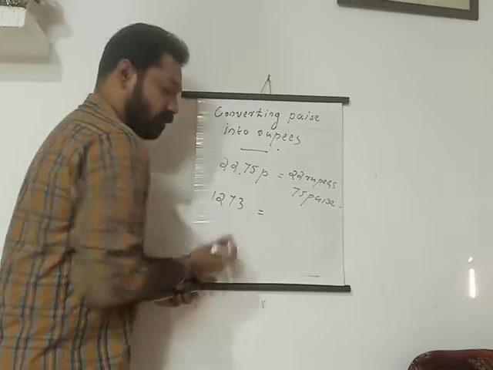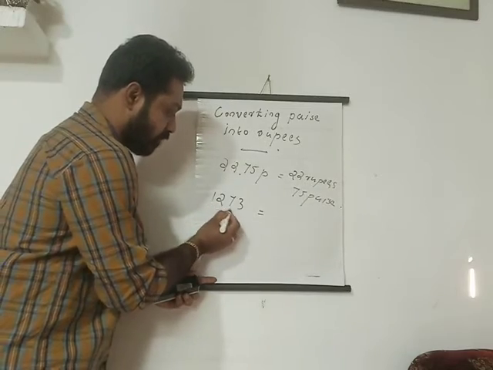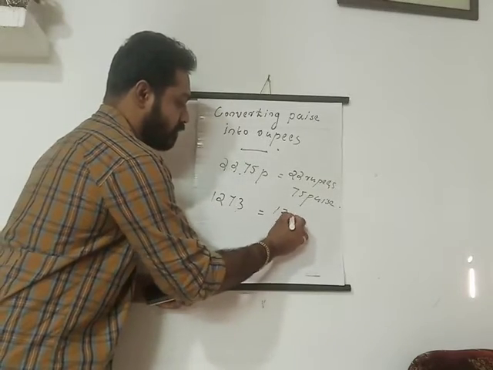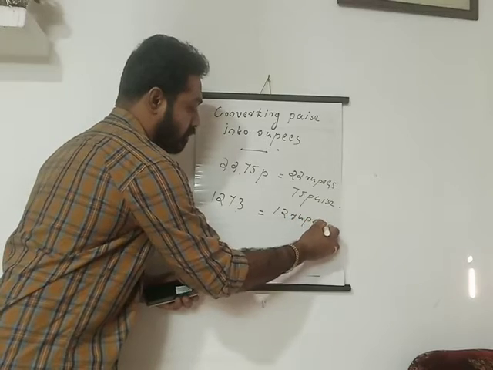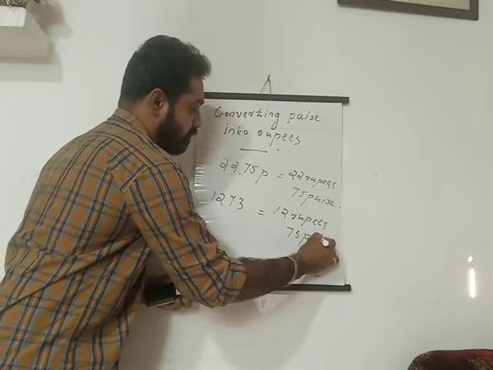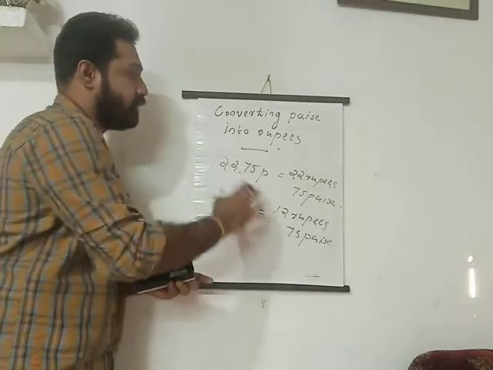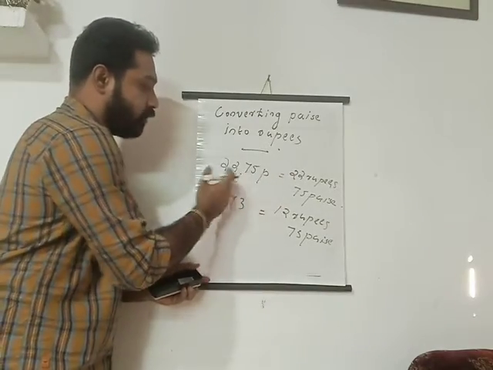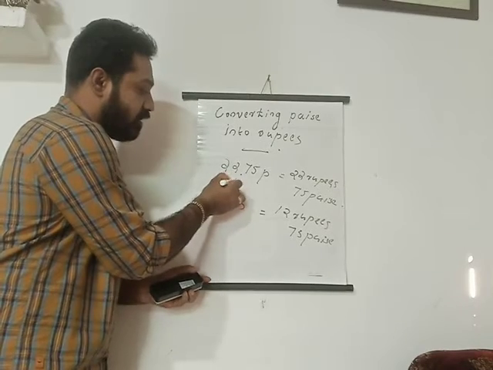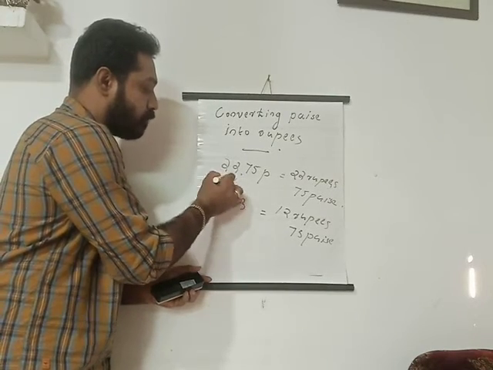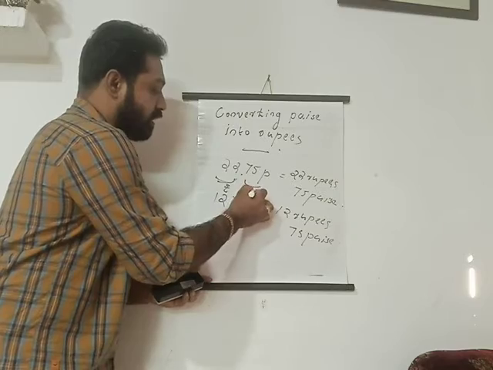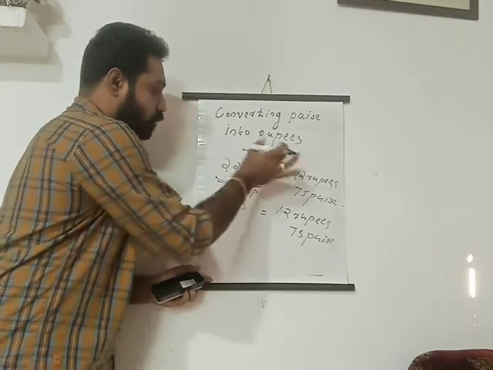Even without the point you can simply guess: 12 rupees and 73 paise. That's the only thing to convert paise into rupees. From the right hand take 2 digits and make a point here. The part before the point is the rupees part, and after the point is the paise part. Then write it as 22 rupees 75 paise, like that.